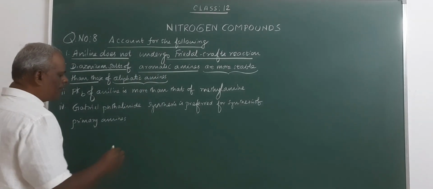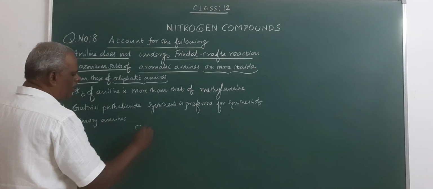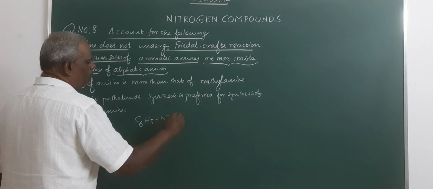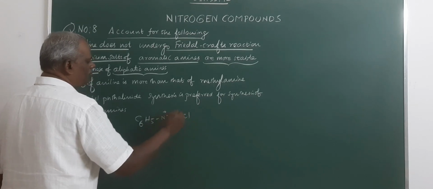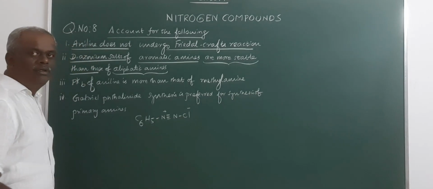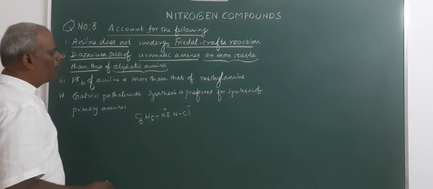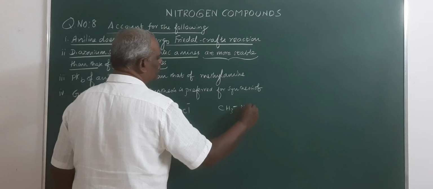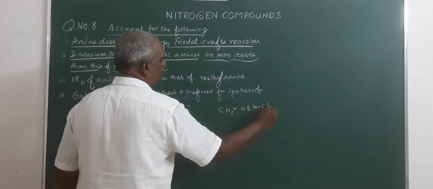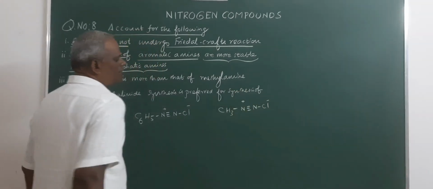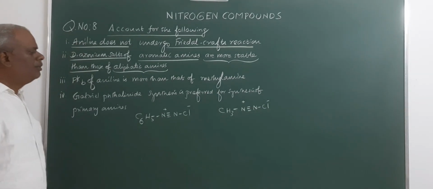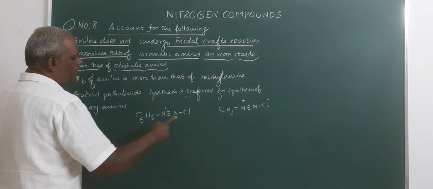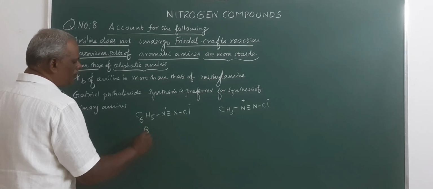I am writing the formula for the aromatic diazonium salt. It carries plus and minus. This is benzene diazonium chloride, and this is an aliphatic diazonium salt, methyl diazonium chloride. This is the phenyl substituted compound, benzene diazonium chloride.